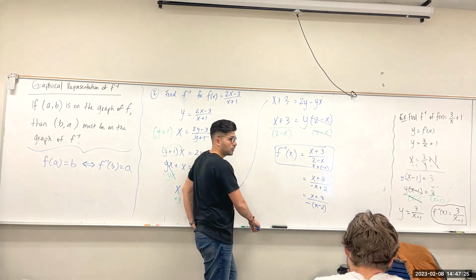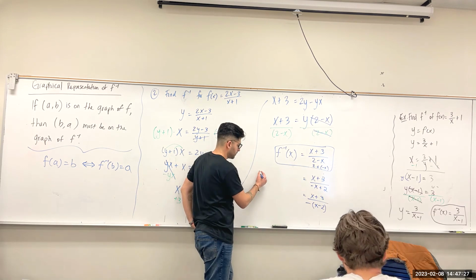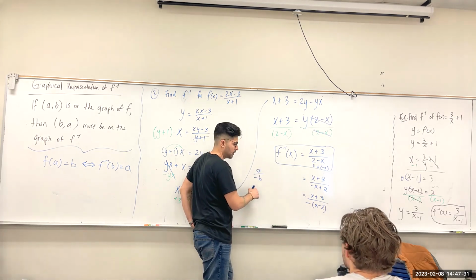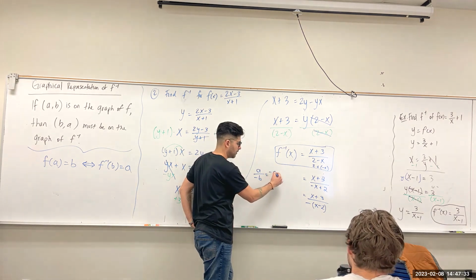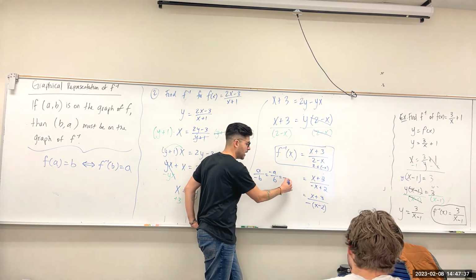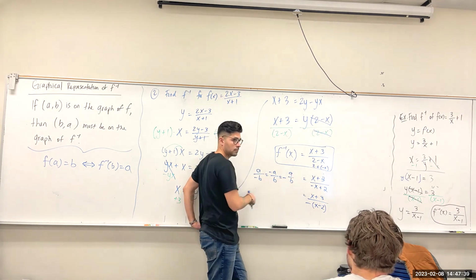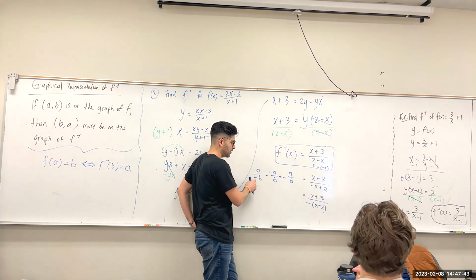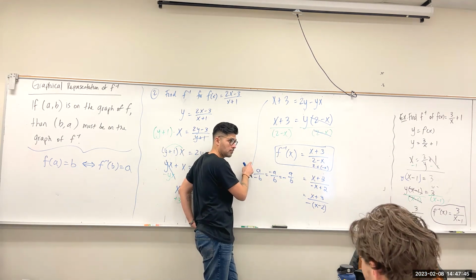here's another thing to know about fractions. If I have a over negative b, that'll be equal to the fraction negative a over b, which is also equal to negative a over b. All these three are equal to each other, okay? So that means if I have a negative on the bottom, I can also move it to the top.